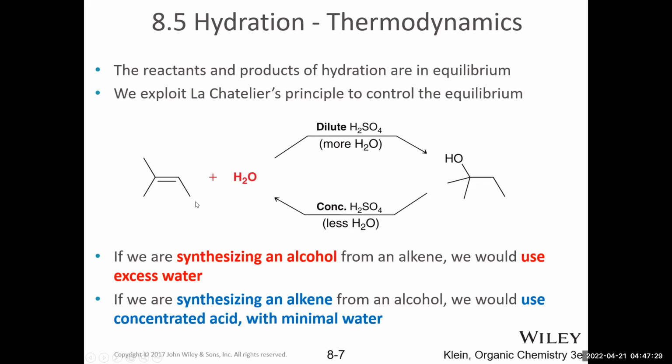So this acid catalyzed hydration is the reverse of that elimination process and occurs when a dilute solution of sulfuric acid is used. Dilute solutions of sulfuric acid have more water, and water is a reactant in the reaction going from left to right. Water is a product in the elimination.